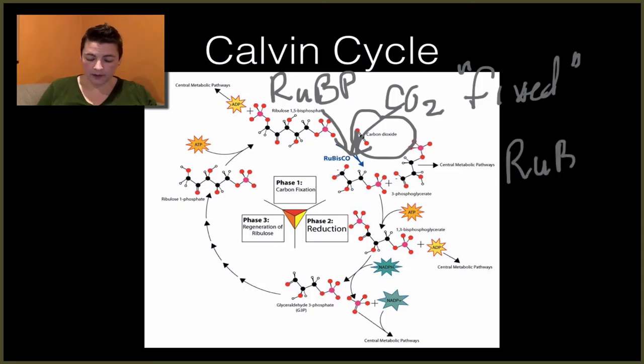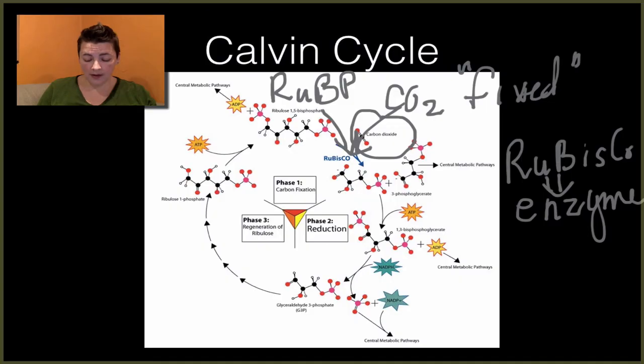Rubisco is an enzyme. Rubisco stands for ribulose bisphosphate carboxylase. Again, you don't need to know that, but Rubisco is an enzyme that fixes carbon. That fixes carbon dioxide to RUBP. Then we add in our ATP and our NADPH.